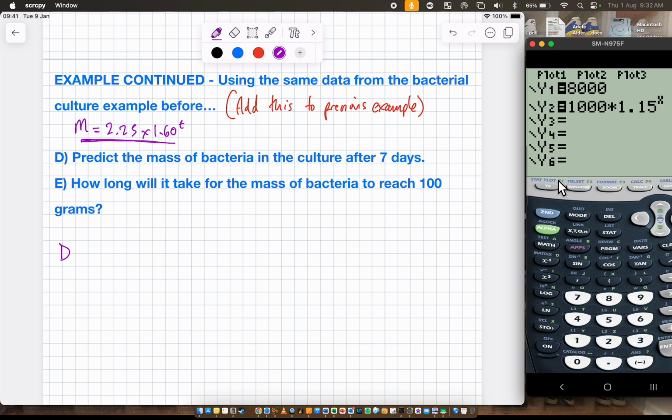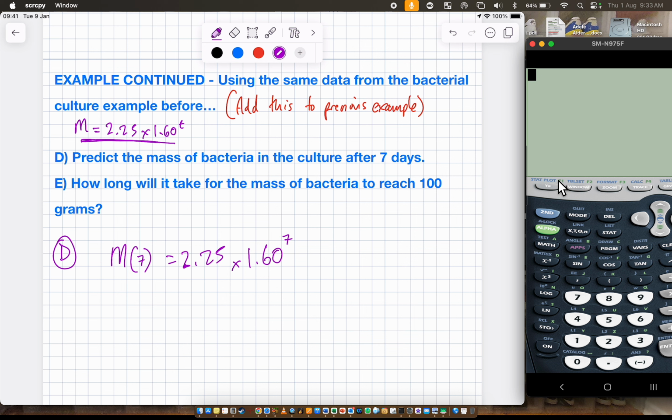So we're going to answer part D: predict the mass of bacteria in the culture after 7 days. This is the easy version. M, when the days is 7, is equal to 2.25 times 1.60. What am I changing t to? 5? No, it's asking for 7. We want after 7 days, so to the power of 7.